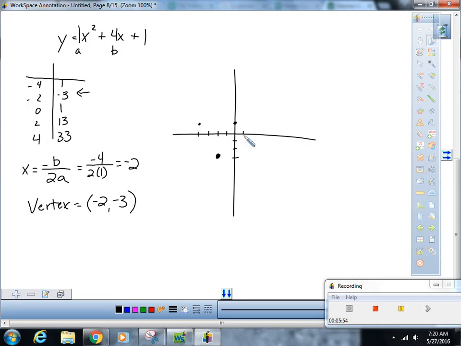And 2 comma 13. We'll put this one here, and you can see that's going to be a parabola. It says to label the vertex, so I put this point to be negative 2, negative 3. Boom!